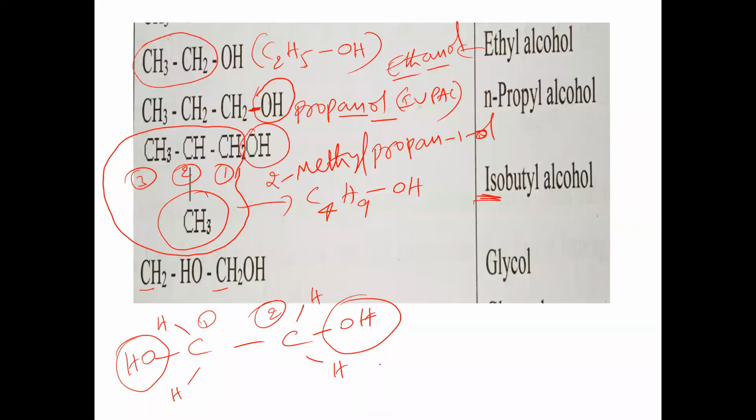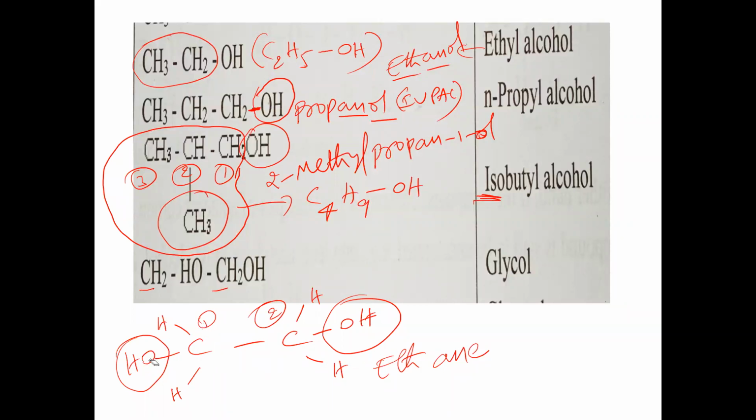What is the name? Eth, 2 carbons, eth. Between the carbons single bond, AN, so ethane. And how many alcohol groups are there here? 2 alcohol groups are there. If 2 or more of the same group are present, we have to write ethane instead of ethane with the E removed, and we have to write the full ANE. So ethane, where are the alcohol groups present here?